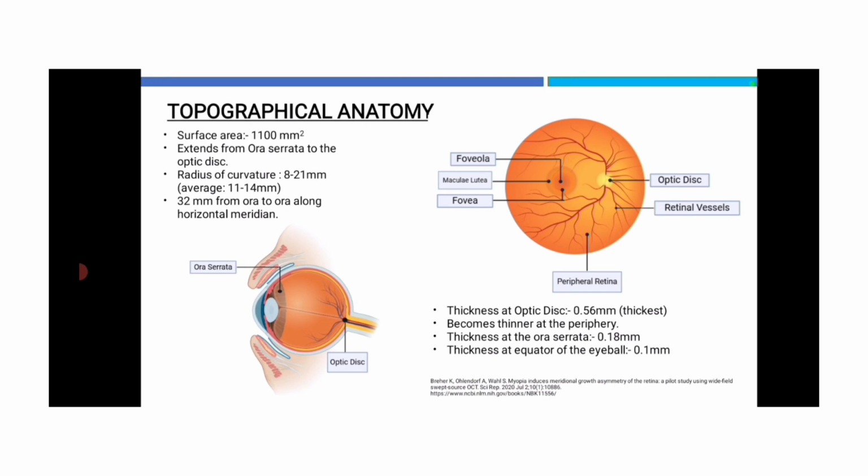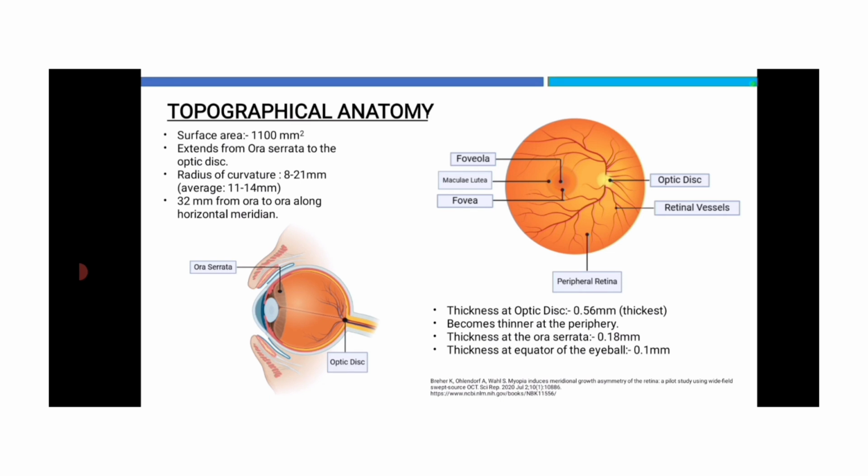As we have already discussed, retina is a delicate light-sensitive structure that lines the inside of the eye. It extends from the ora serrata anteriorly to the optic disc posteriorly, covering a surface area of approximately 1100 mm square.